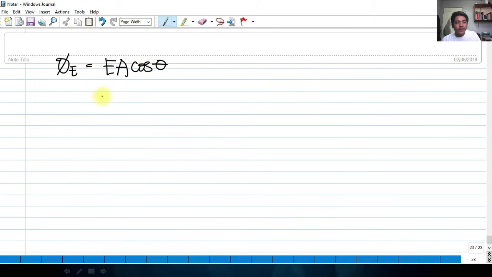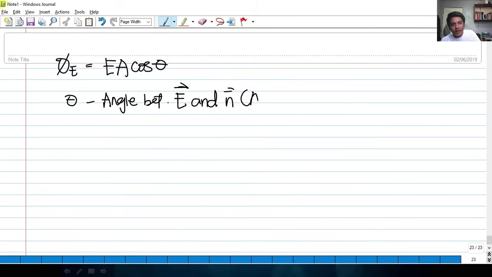What is theta here? Theta here is the angle between the electric field vector and what we call the normal vector or the area vector. So what is this normal vector or area vector? For example, we have a plane that looks like this.